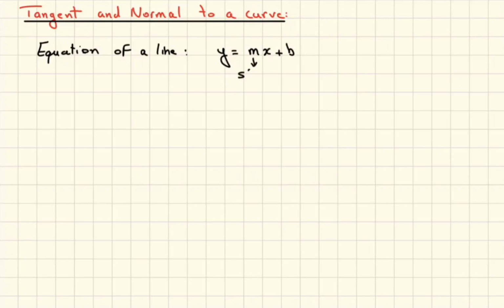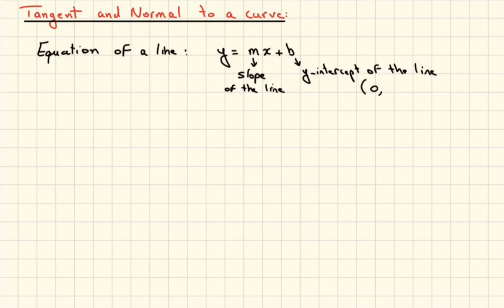M in this case, we call the slope of the line. B is called the y-intercept of the line. So it's basically the y-coordinate of the point of intersection with the y-axis.